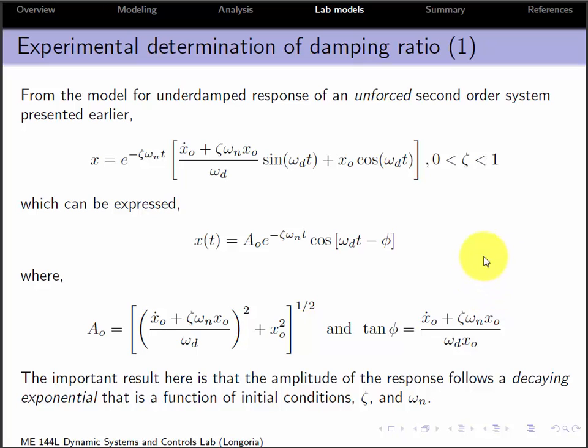And so what we do is we refer to the model. So from the model for the underdamped response, right, and I'm just reminding you of that equation here, just rewriting it here to show you that this looks like kind of a damped cosine, but with some phase here. Don't be so concerned about that. The main point is this amplitude is a constant, right?